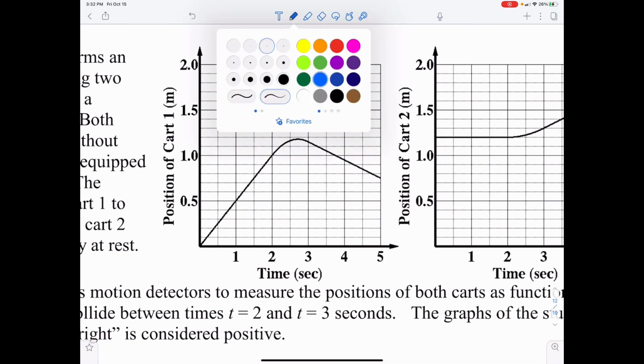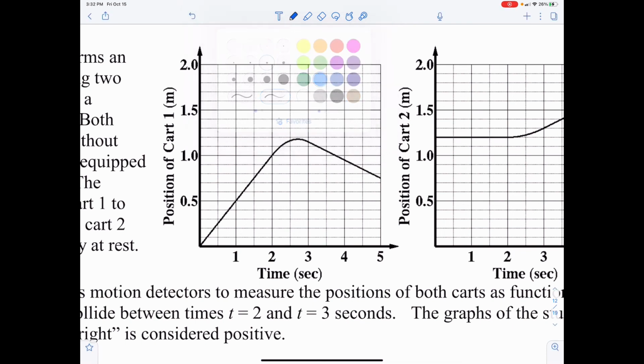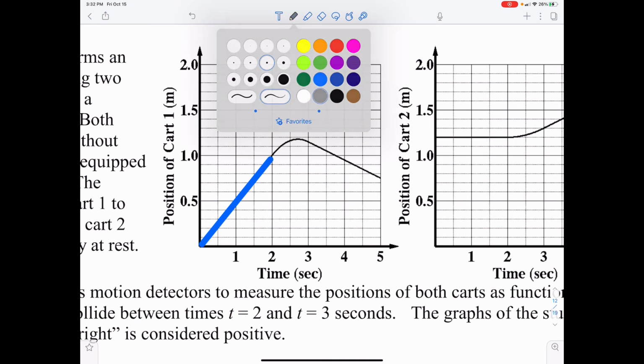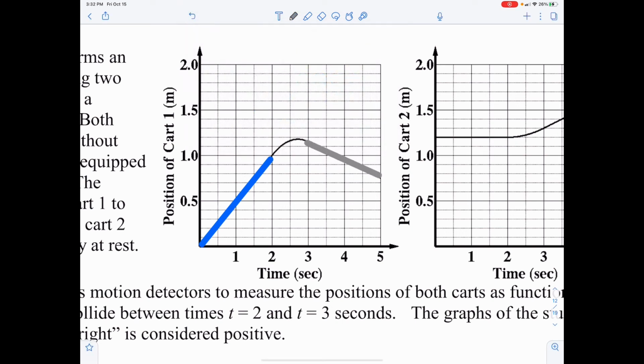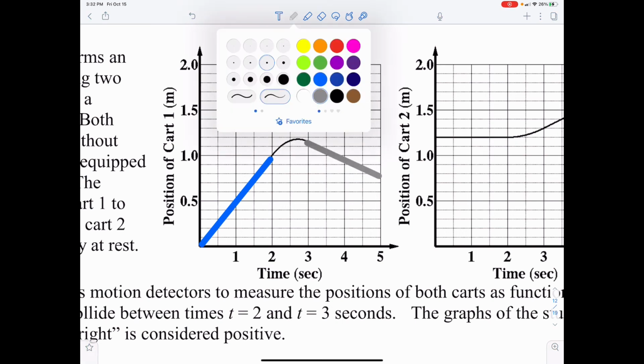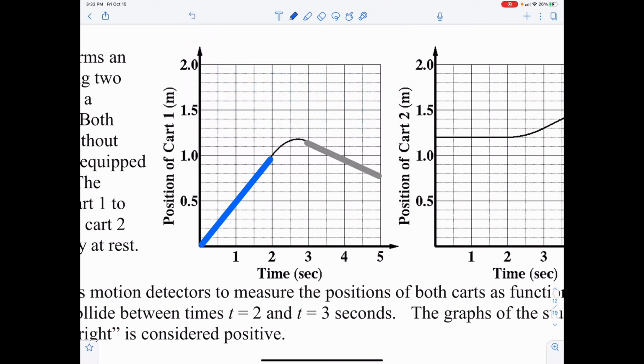So this first one here, slope of segment 1, and then the slope of segment 2 over here after the acceleration. The first one looks like we're going up 1 and over 2 seconds, so that's a slope of positive 0.5.